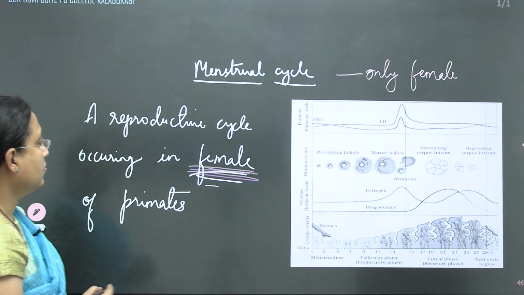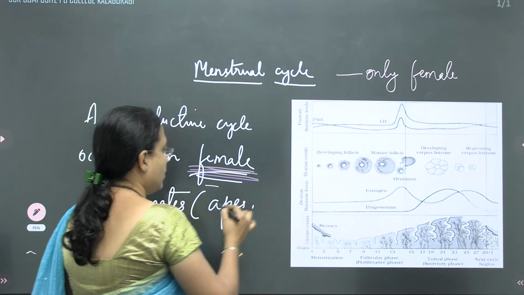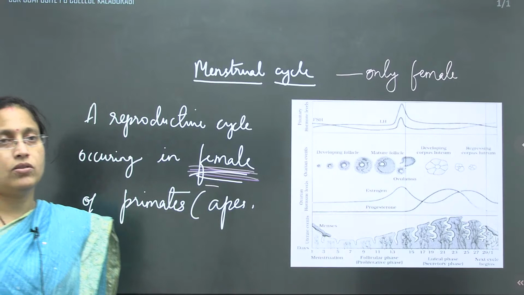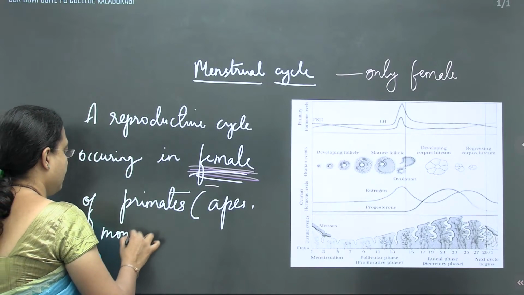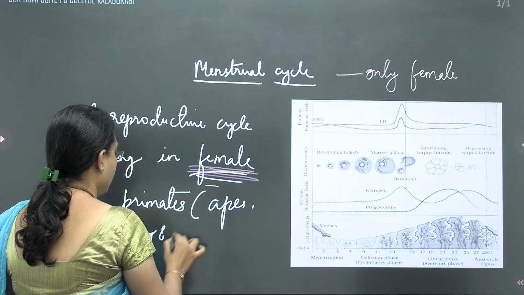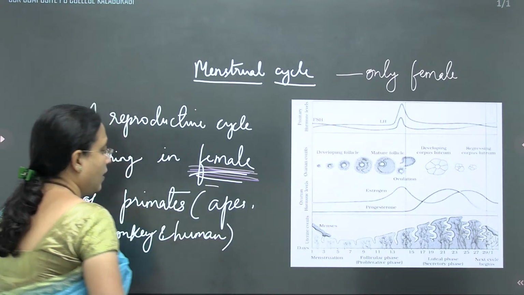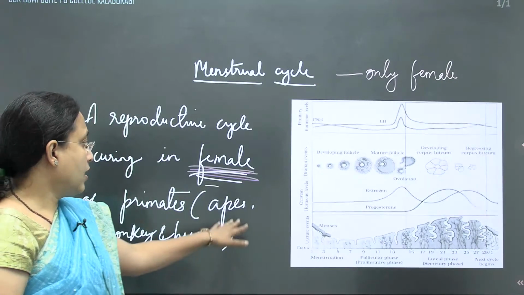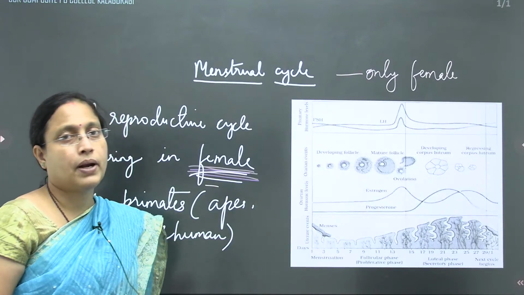Which are those primates? Apes, monkey, human. Gorilla, chimpanzees, monkeys, human, these are primates.